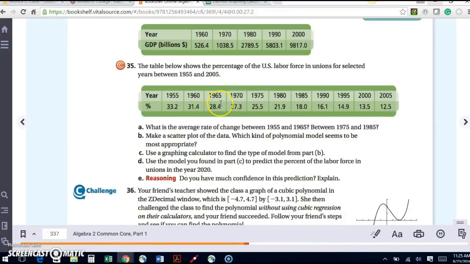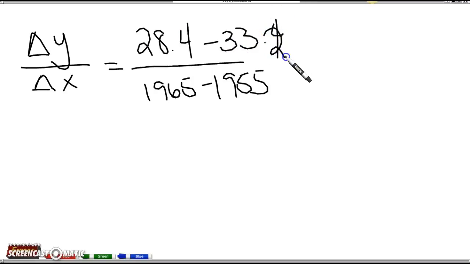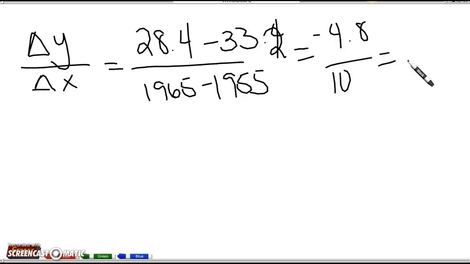So 1965, 28.4, and 1955, 33.2. And they correspond. And I got negative 4.8 divided by 10, which is negative 0.48. For the next one, exact same thing.